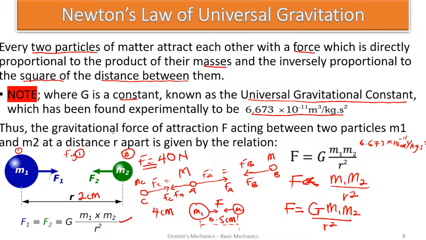And that's the gravitational force of attraction F acting between two particles M1 and M2 at a distance r apart, given by the relation F. So this is the formula given. This is our second formula, from the gravitation law.